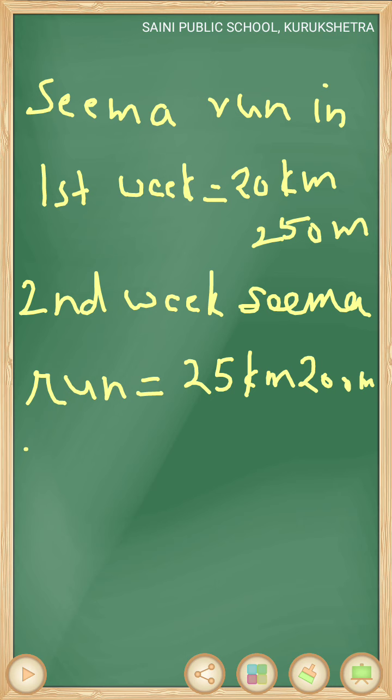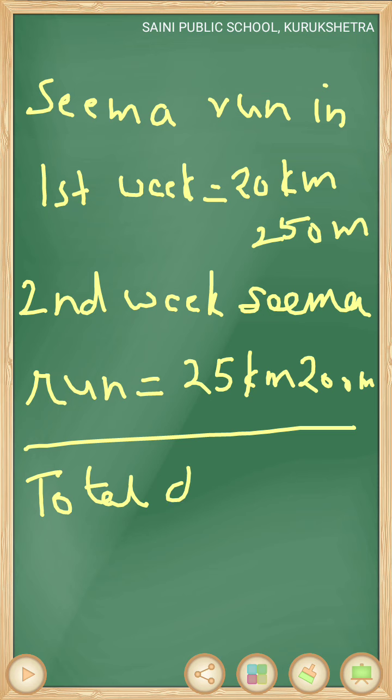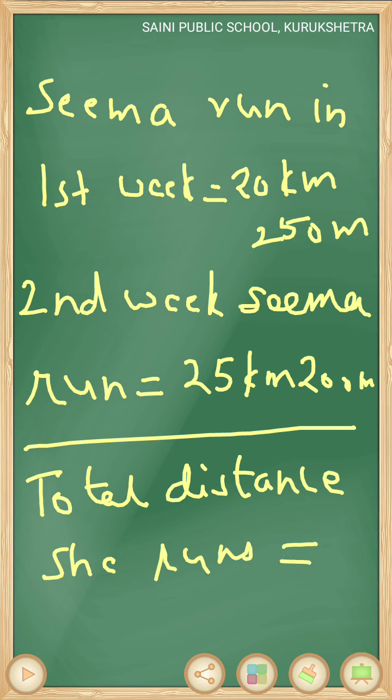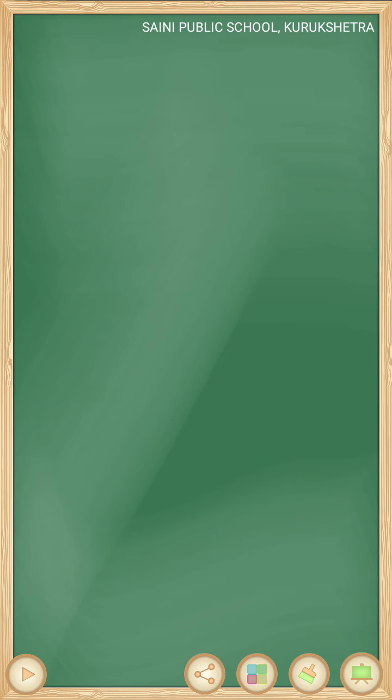So we have to find the total distance she covers. We will write the statement like this: total is equal to, Seema runs in the first week this much, in the second week this much, total distance she runs. What will we do? We will do addition. So let us start doing addition.